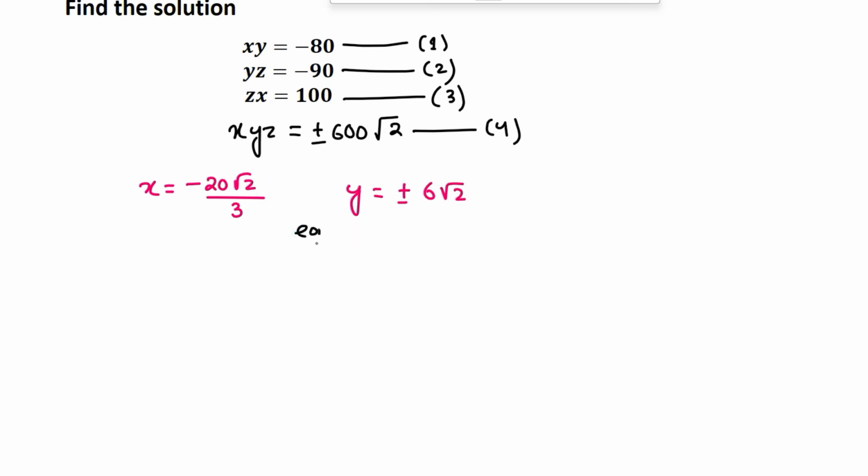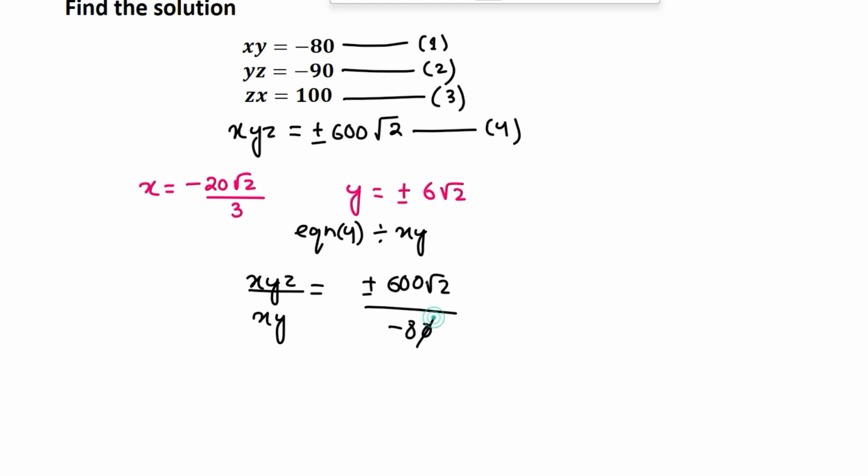Similarly, I will divide equation 4 by xy. On the left hand side, I can write xyz divided by xy, equals plus or minus 600 root 2 divided by xy, which equals minus 80 from equation 1.